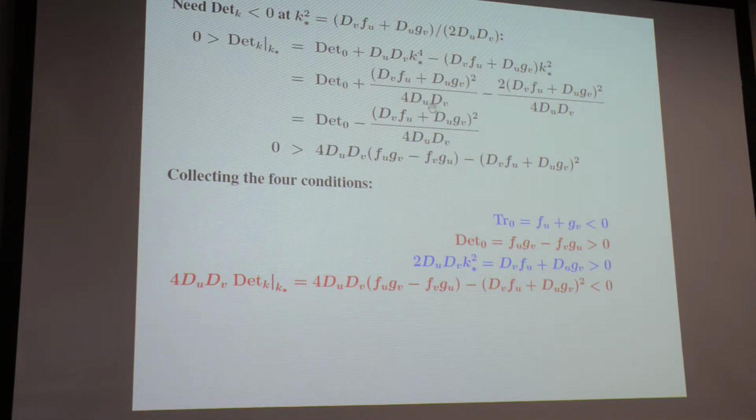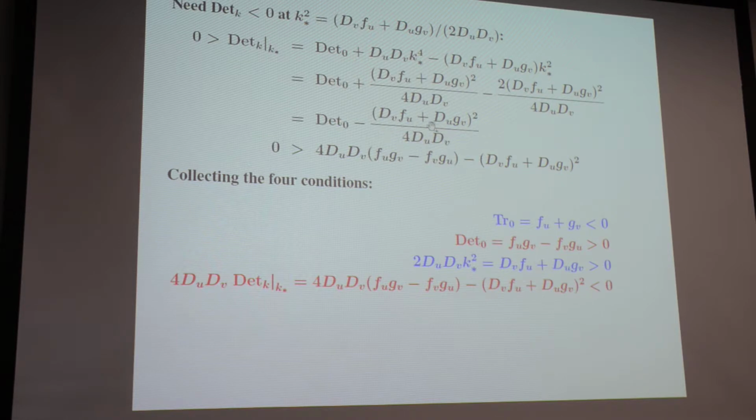Sorry, I think maybe I'm missing a squared here. Am I missing a squared here? No, I'm not, because this here multiplies by du dv. Yes, okay, so this is correct as far as I know. So you just plug in this value into this expression and you get this.